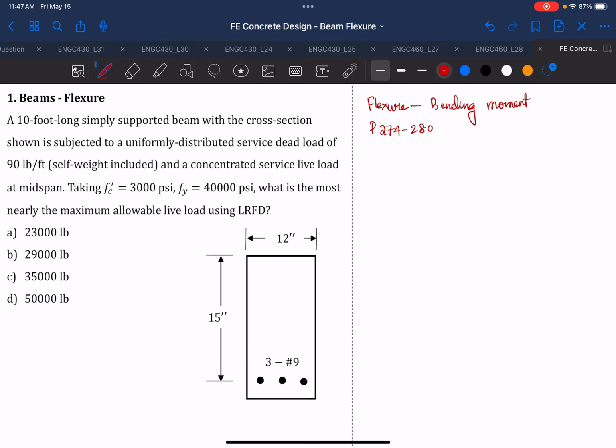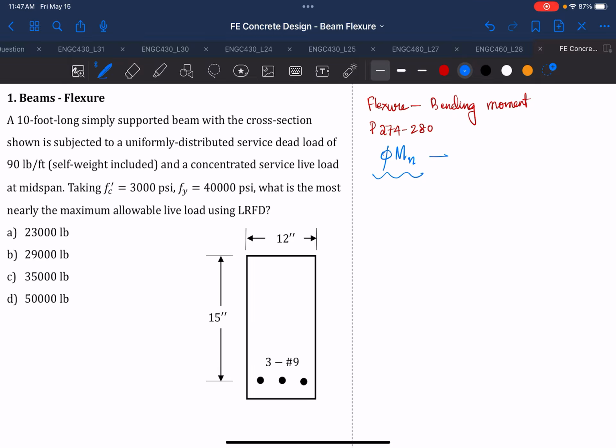Okay, so what are the things that you need to know when we talk about beam flexure in concrete design? It is the design moment capacity of your beam, which is phi Mn, and this is your design capacity, which means the strength that your design or your material can provide.